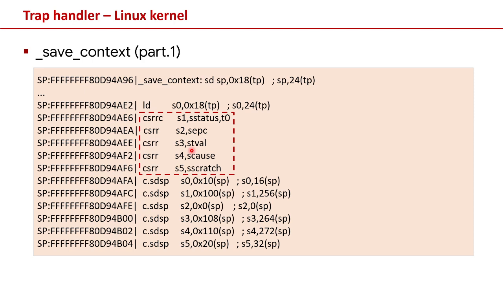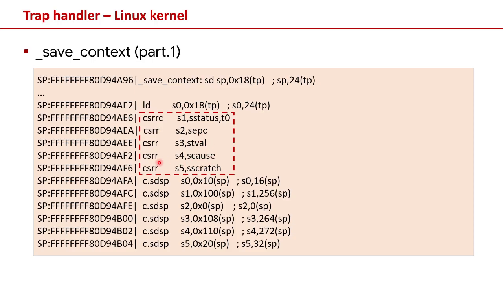This register is stval. So the stval register may contain the faulty address when running the assembly instruction. As for the supervisor exception program counter register, it contains the address of the instruction that caused the exception.